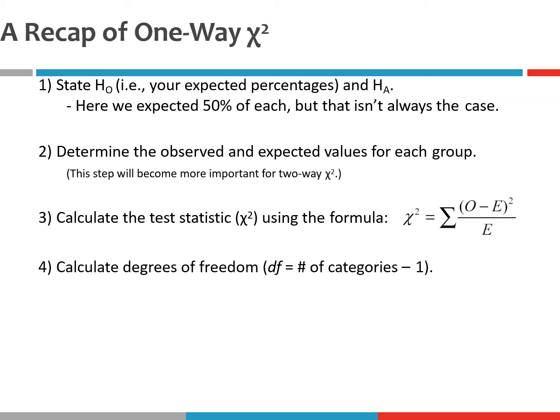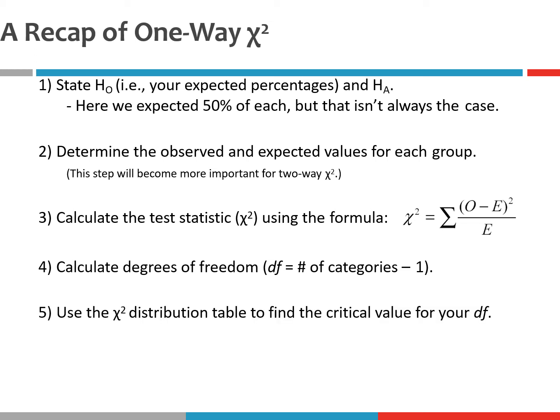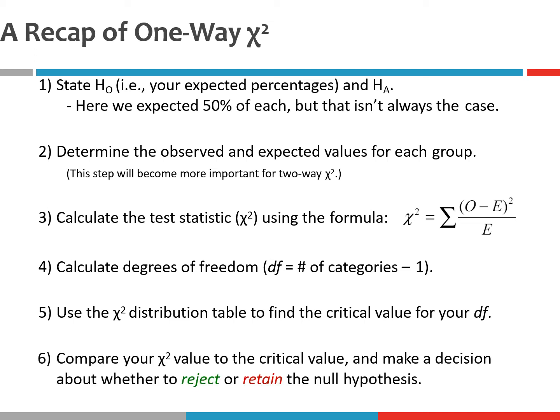Okay, you're going to calculate your degrees of freedom, which is the number of categories or the number of levels in your categorical variable minus 1. And then you're going to use the chi-square distribution table to find the critical value for your degrees of freedom.